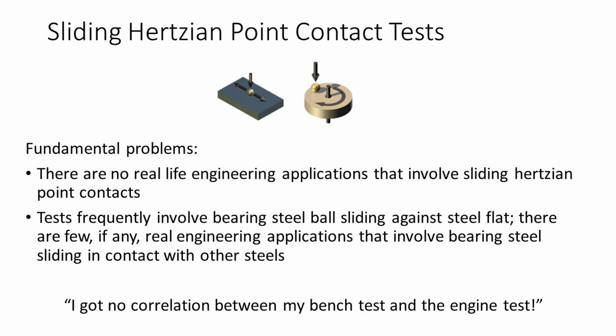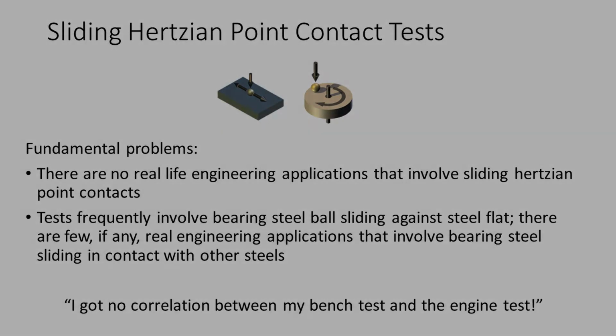If our aim is to model lubricated wear and failure mechanisms in real systems, such as the contacts in mechanisms, gearboxes, engines, bearings, etc., tests involving sliding Hertzian point contacts are not going to provide an adequate model. This is the main reason behind the oft-repeated comment, "I got no correlation between my bench test and the engine test."